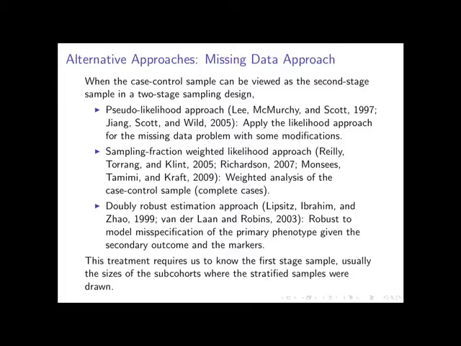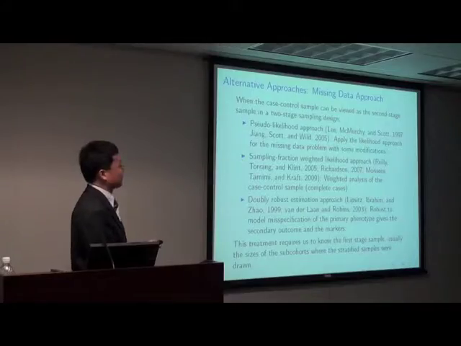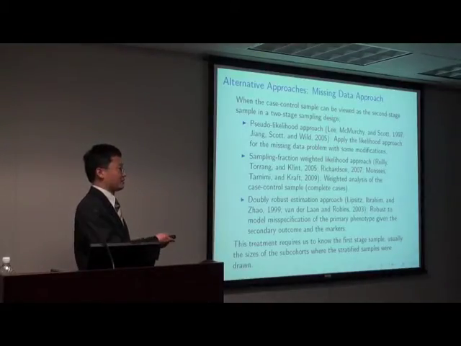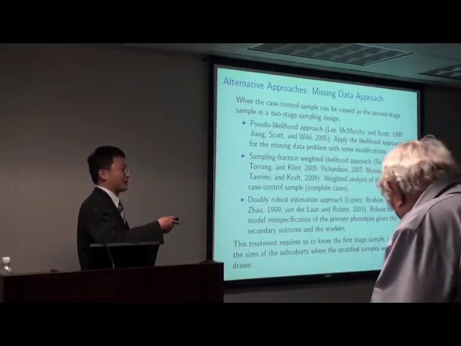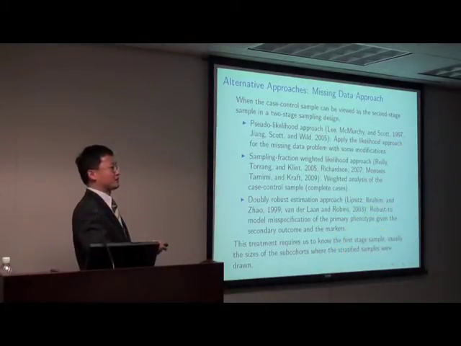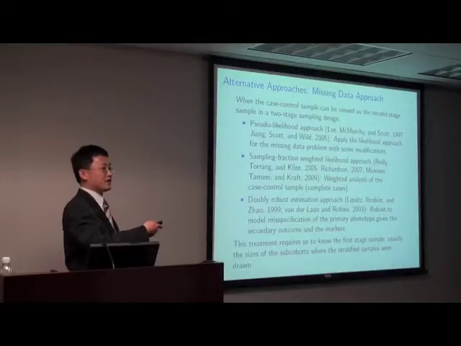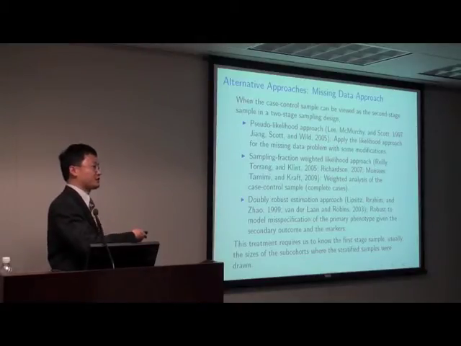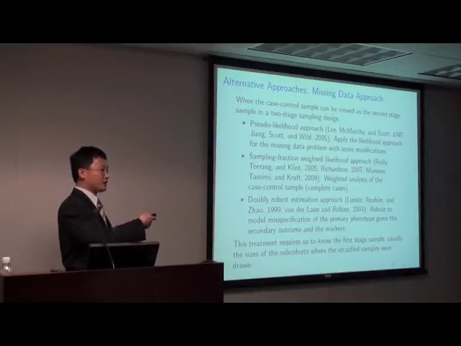This approach basically views this case control study as a special case of a two-stage design. In the two-stage design, in the first stage you sample subjects and measure the primary outcome and a bunch of covariates. Then in the second stage, you sample a subset from that big cohort.